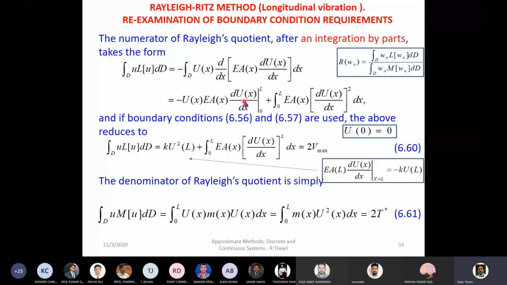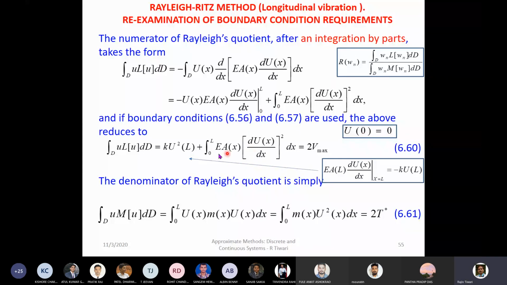If we put x equal to L. For x equal to 0, u x is 0. So x equal to 0 will not contribute any term here. Only due to the free end spring, we got this non-zero term. But for x equal to 0, there is no contribution because that term is 0.